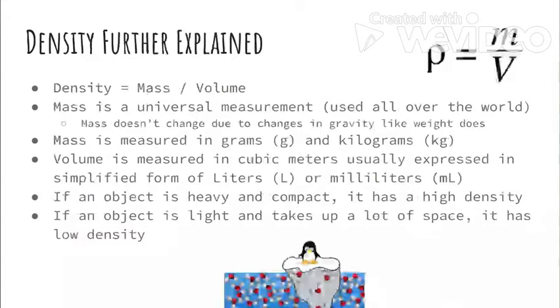The larger an item is, the more space it takes up, the larger volume it has. And going more into density, if an object is heavy and compact, it's going to have a higher density. And if an object is light and takes up a lot of space, it's going to have a lower density.